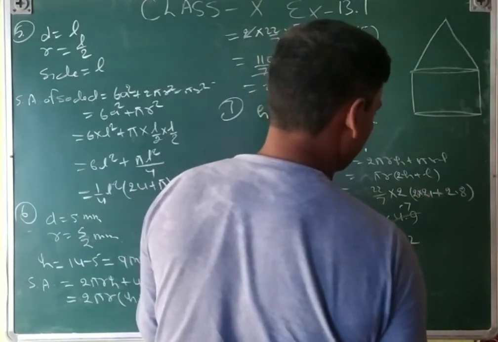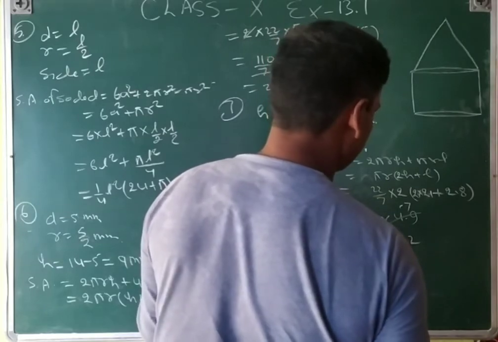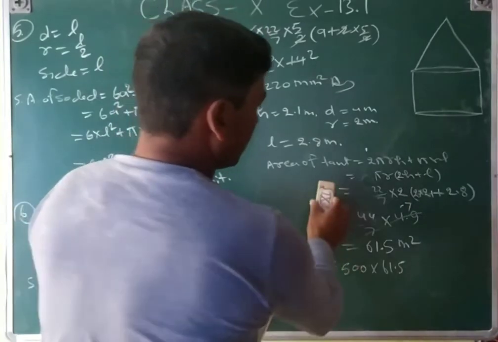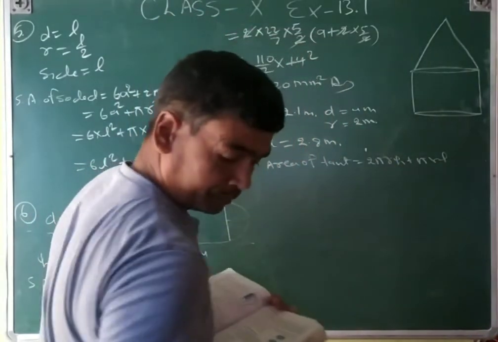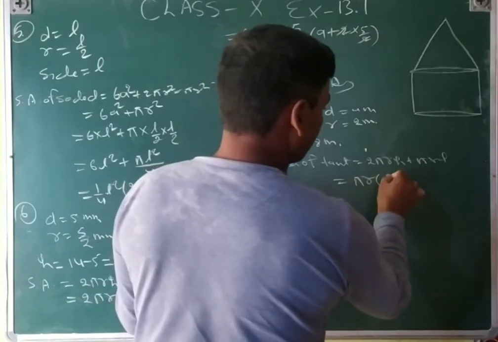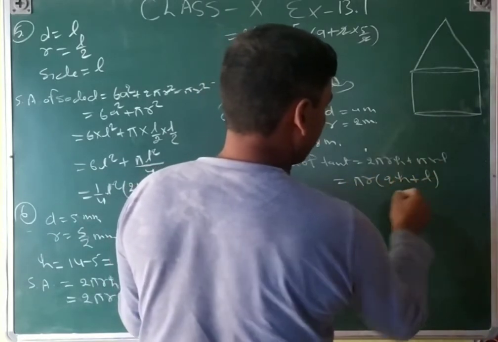That will be 6.9, something is wrong, leave that. See again, the common we have taken wrong. Pi R is common, so 2H plus L is left here.